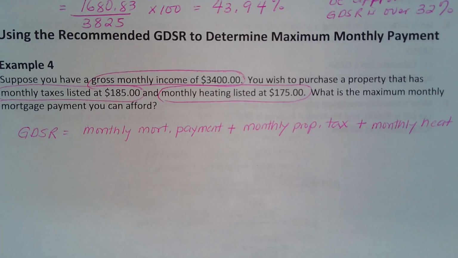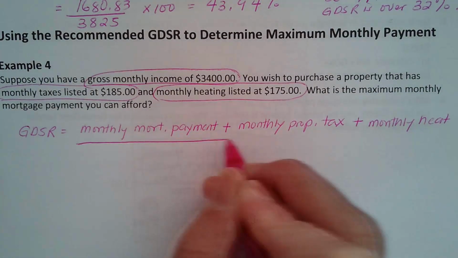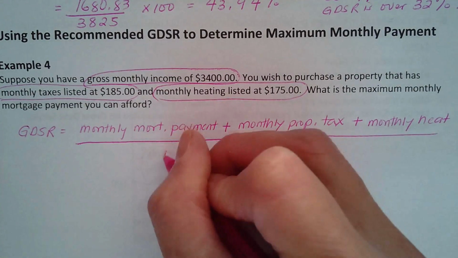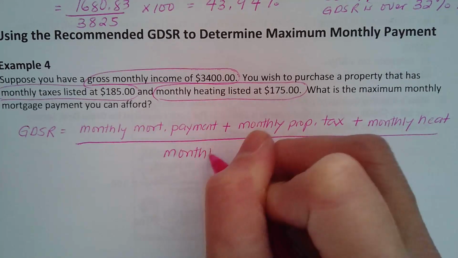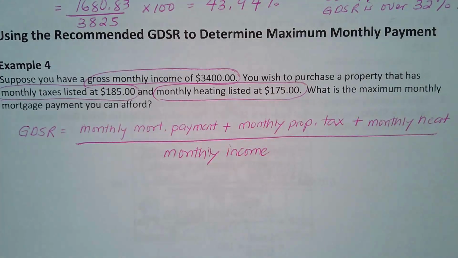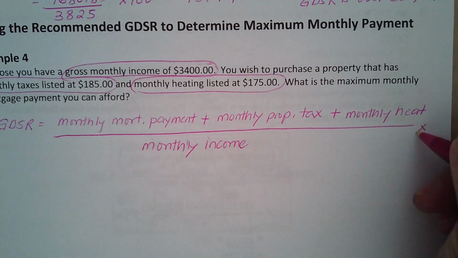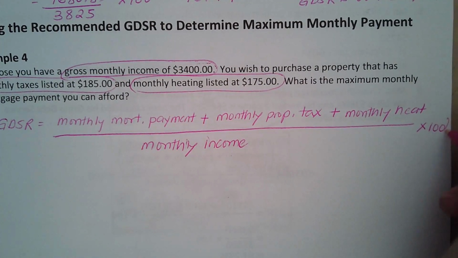So monthly mortgage payment, monthly property tax, monthly heat. Is that better? Yeah, okay. And then all of that must be divided by monthly gross income. Once we figure that out, we times it by 100 to make it 100%.